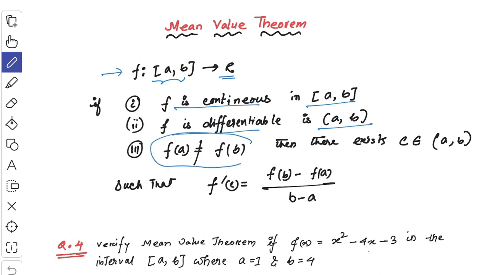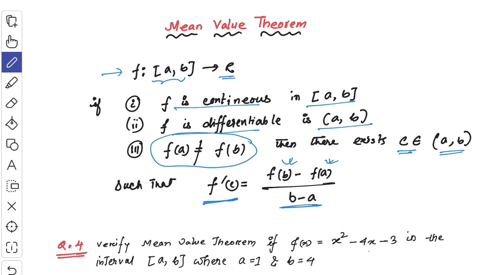In this case, if f of a is not equal to f of b, then there exists a number c which is in the open interval a to b, so that f dash of c is equal to f of b minus f of a divided by b minus a.